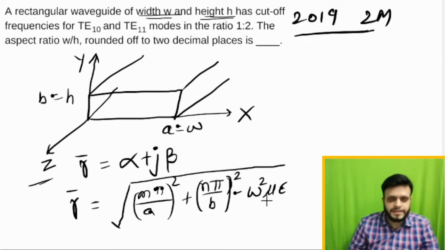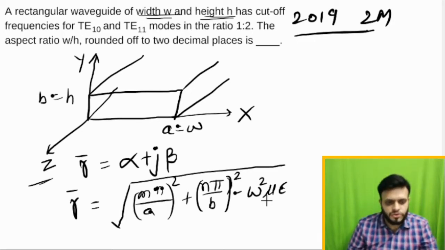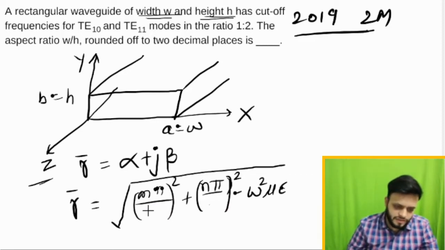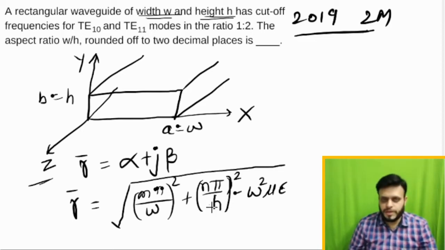But as we already know, the value of a, that is the width, is given in our question as W, and the value of the height b is given as h. So to remain consistent, let us remove a and b and in place of them write W and h, as we need to obtain our solution in terms of W and h.